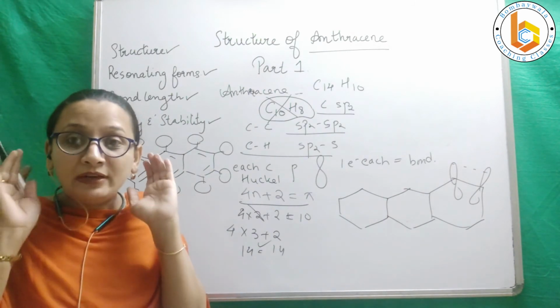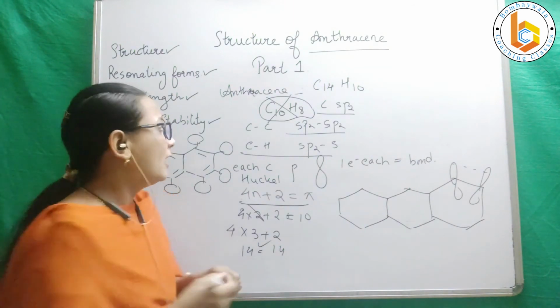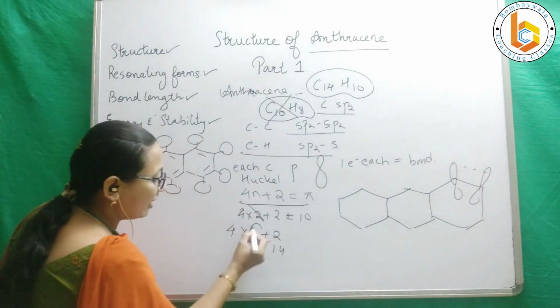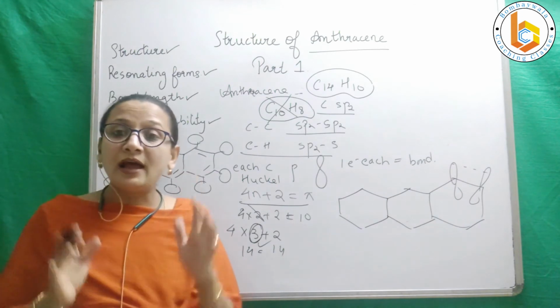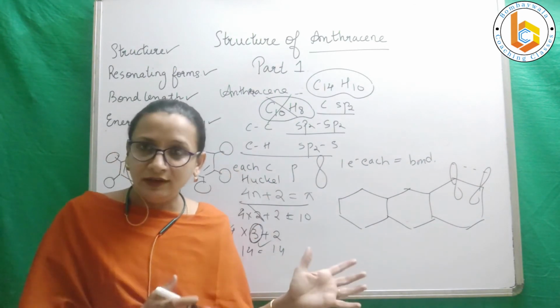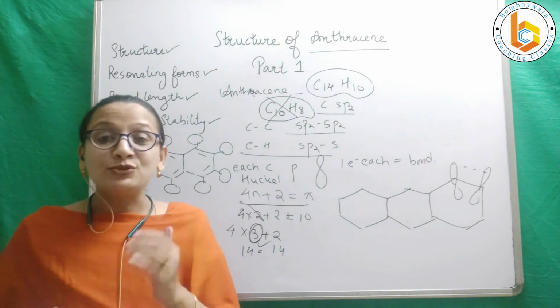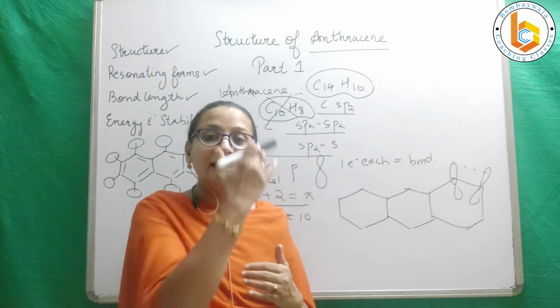If I want to write or understand this, all I should be doing is knowing the structural formula and the value that I will be putting in the Huckel rule. Everything else, whatever I said for naphthalene, was the same as that of anthracene. Right? So always remember, please watch the video on naphthalene first and then come to anthracene.